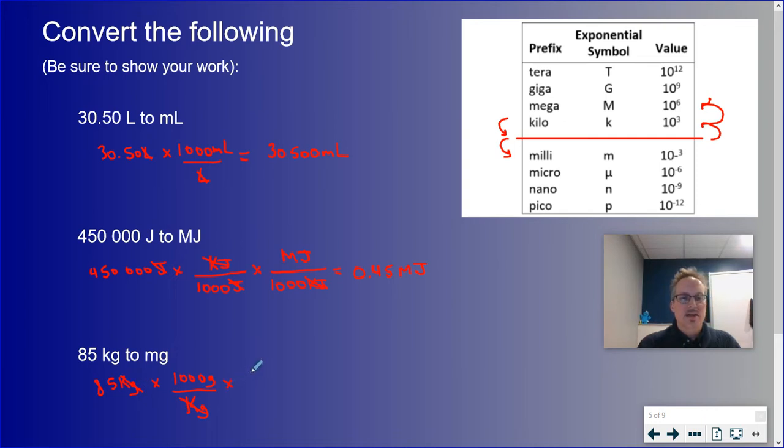I know that there is 1,000 milligrams in a gram, so top and bottom, so they cancel. And I'm going to take 85, multiply it by 1,000, enter, multiply it by another 1,000, and this is going to be 85 million milligrams. Okay, hopefully you got those right.